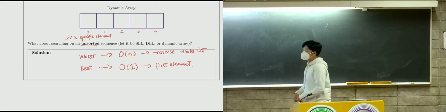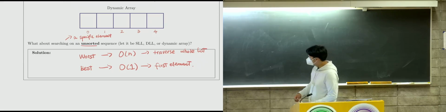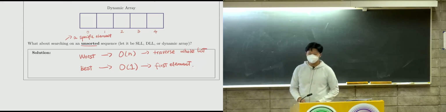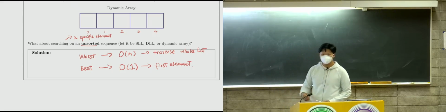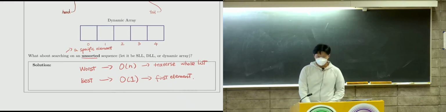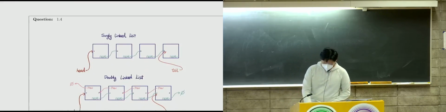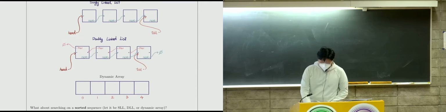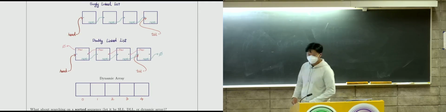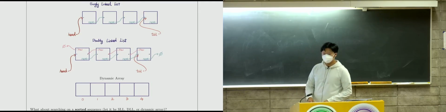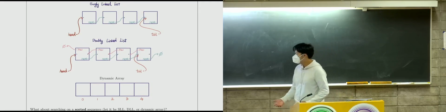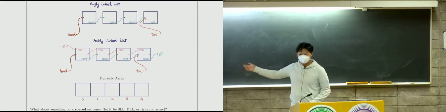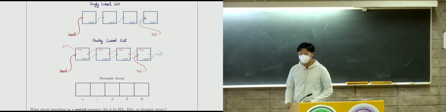Because what if I really want to do a lot of queries? What if I want to do a lot of those lookups? So one strategy of speeding up this lookup process is to sort the sequence, right? That's what we are learning right now.